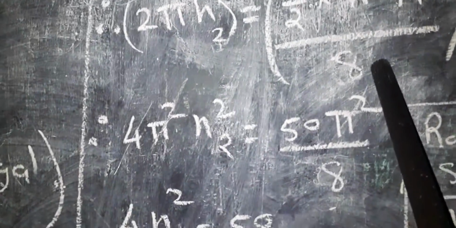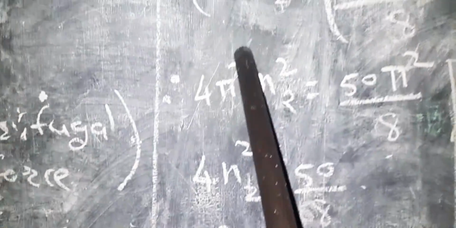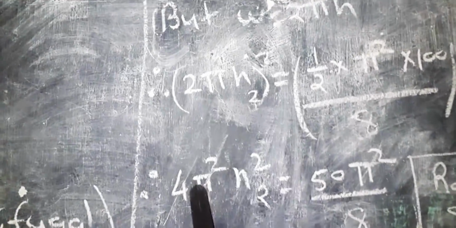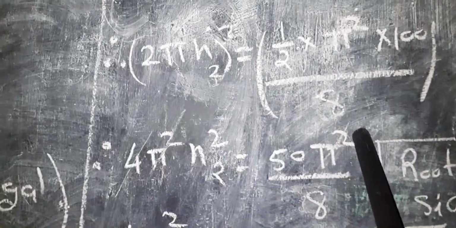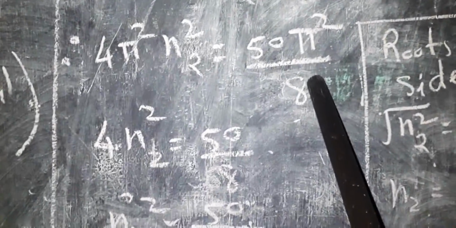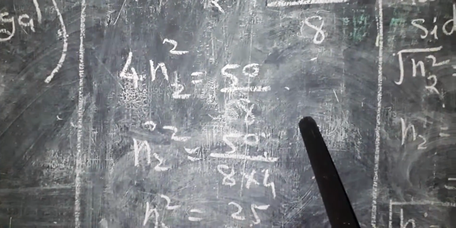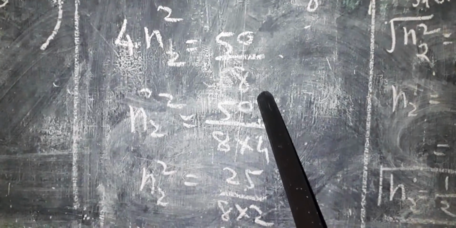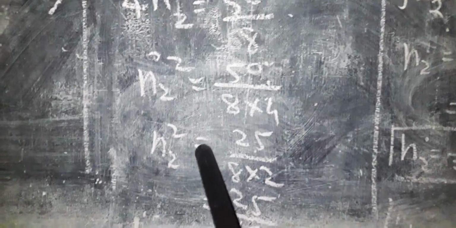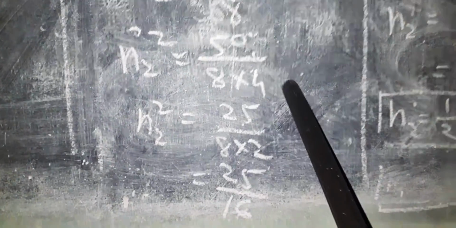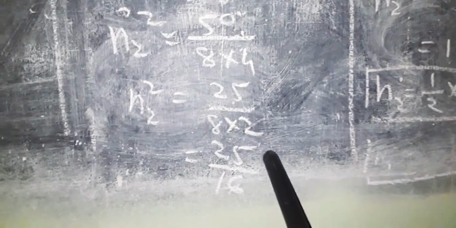Simple mathematics is there. We get 4 pi square n2 square, the bracket square is there. So 4 pi square n2 square is equal to 50 pi square upon 8. So we get 4 n2 square is equal to 50 upon 8, or we can say that n2 square is equal to 50 upon 8 into 4, or n2 square is equal to 25 upon 16. We want to find out n2.